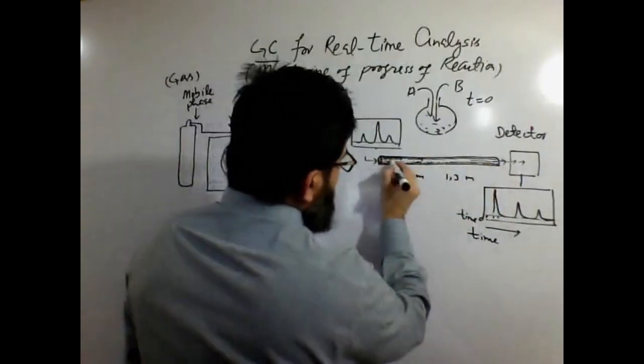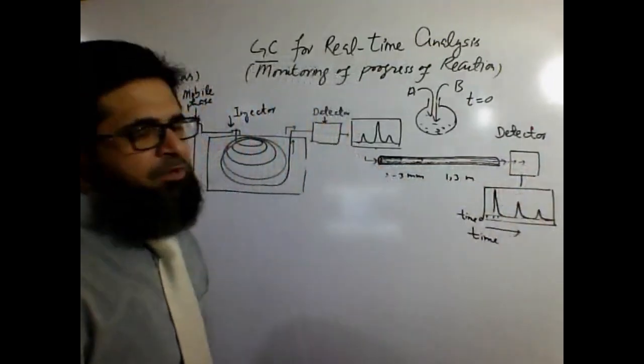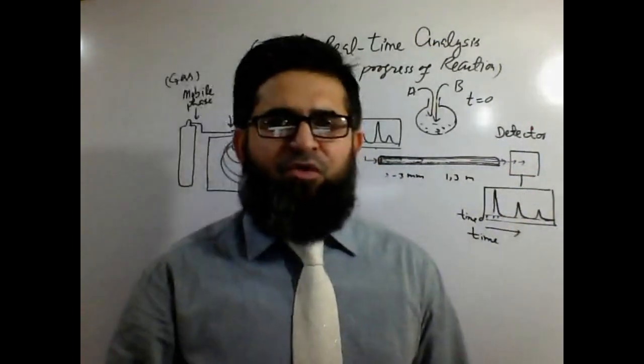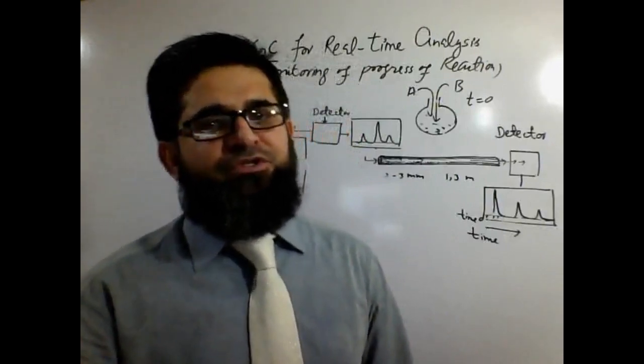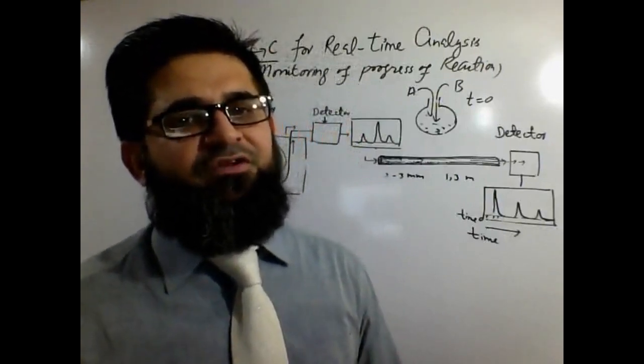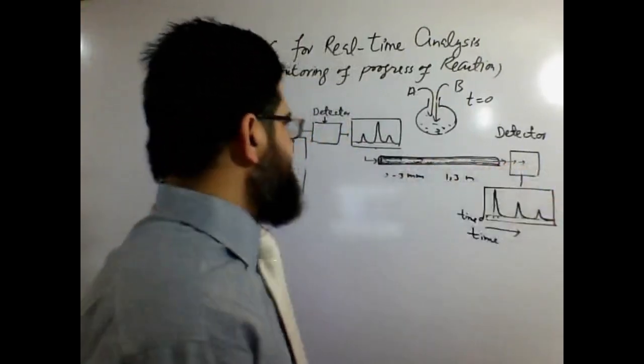The molecule which has more interactions with the walls of the column will be left behind, and the molecules which have less interaction will move out of the GC first.